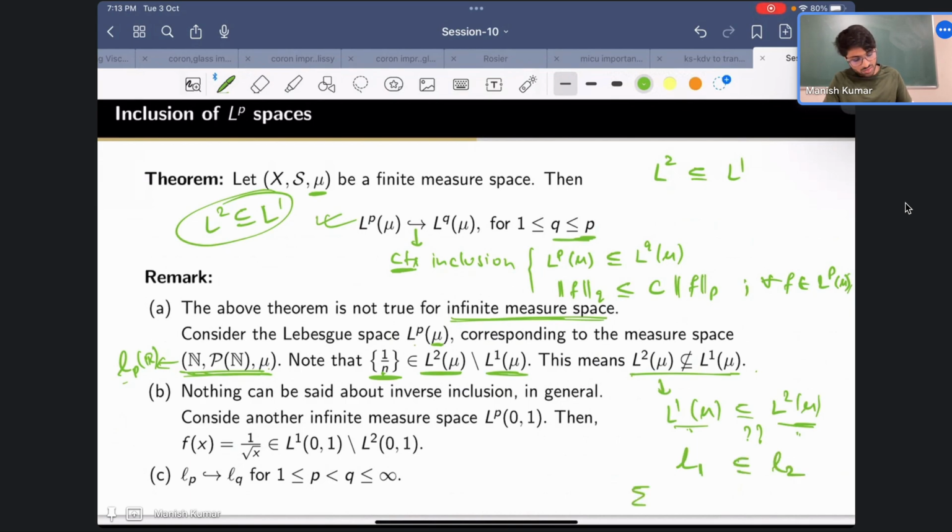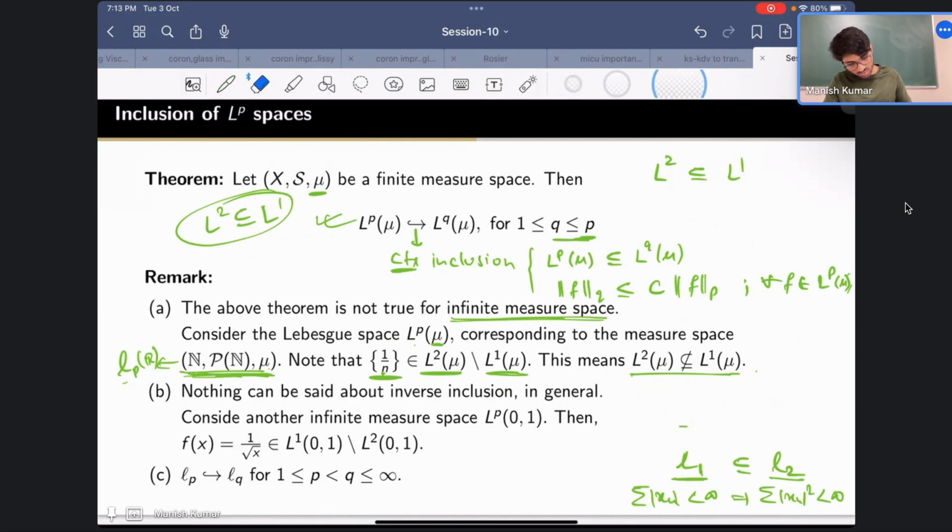If the summation of |x_n| is finite, then this implies that the summation of |x_n|^2 is also finite. So if it is in L1, it is in L2, when we are talking about counting measure on this space. In general it is not true.